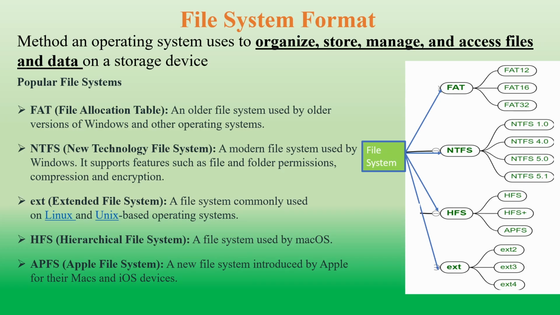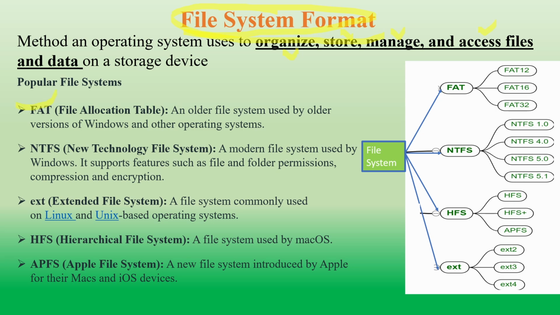Now, file systems. There are different types of file systems. What is a file system actually? This is a method used by the operating system for organizing data, storing data, and managing and accessing files. So there are different types of file systems.